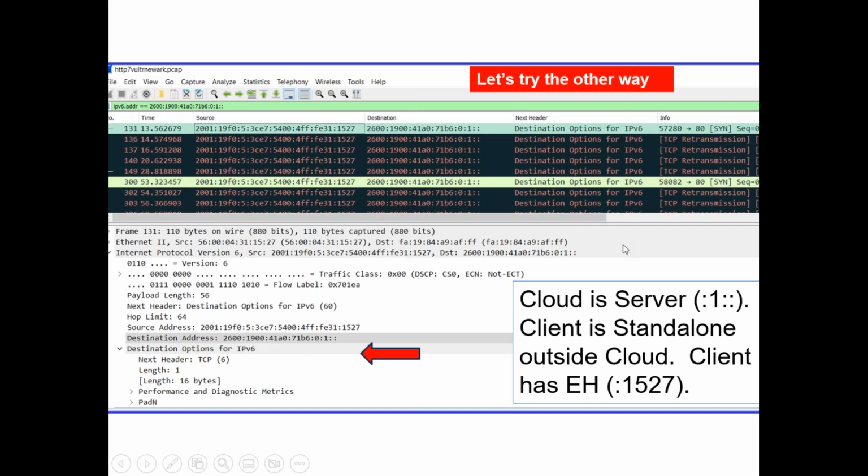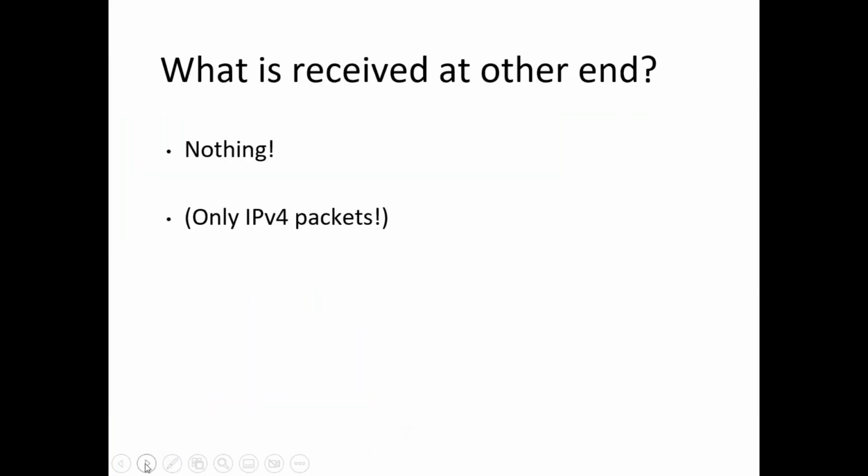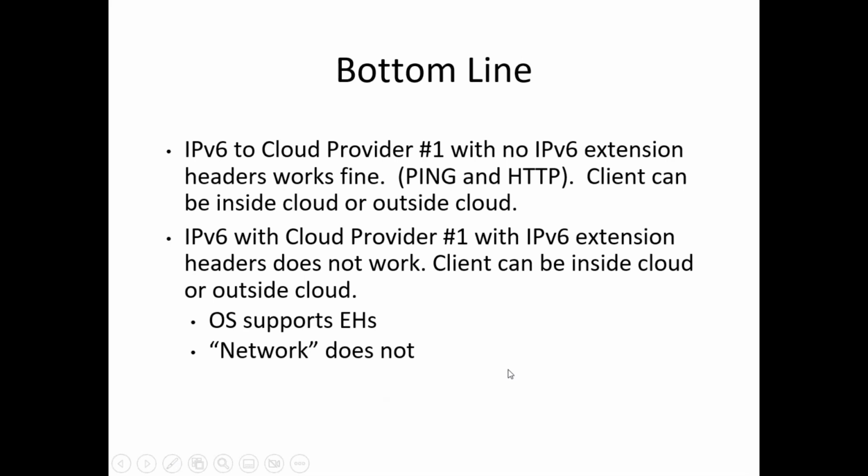The packet is produced with the SYN, but somehow it never makes it to the other end. So when we do the trace on the other side, there is only IPv4. So what the bottom line is for this is now cloud provider 1 with extension headers doesn't work. So the client can be inside the cloud or outside the cloud, doesn't seem to make any difference.